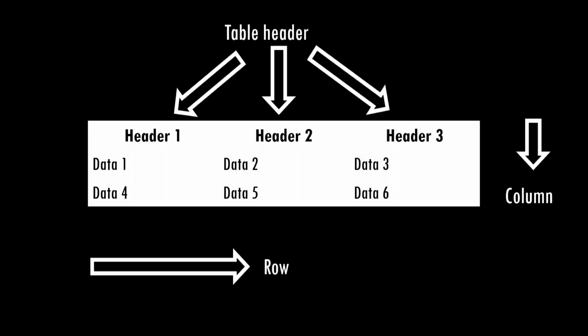Here is the graphical information about table header. There is 3 rows including header and 3 columns, like data 1, data 2 and data 3. Key elements, table tag.